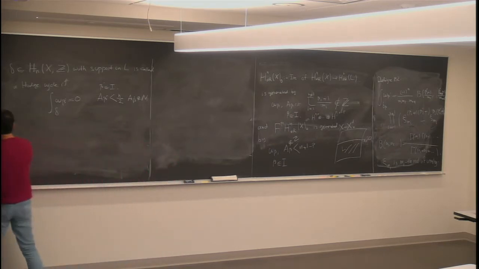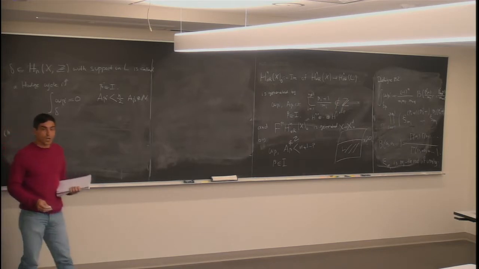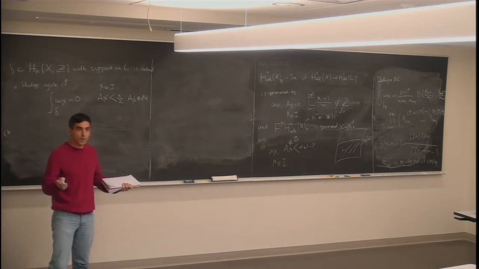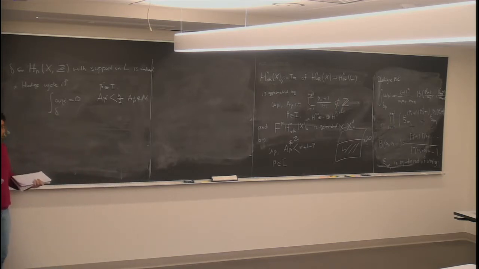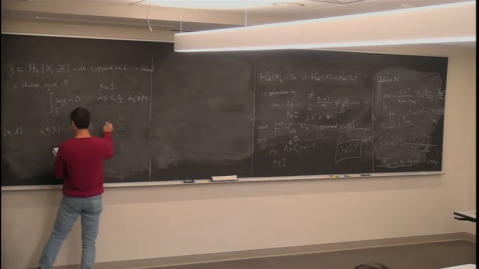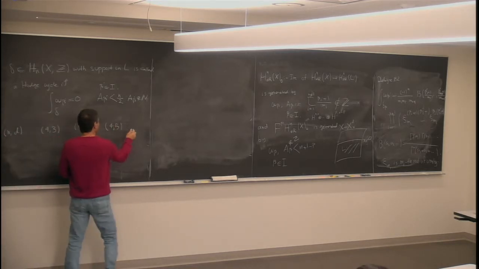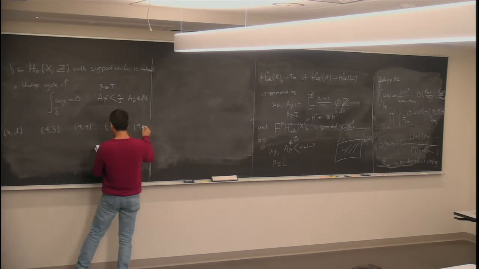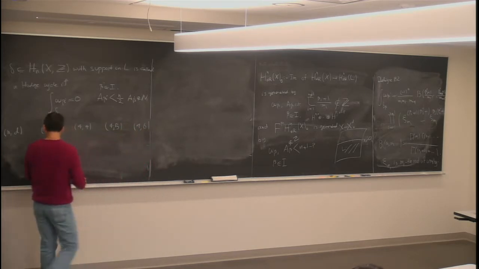In particular, you can compute the rank of Hodge lattices, but it's not just the rank, as I said, you even get an explicit basis. Maybe let's say for 4, 3, 4, 4, 4, 5, reaching the Calabi-Yau fourfold, Fermat 4, 6.